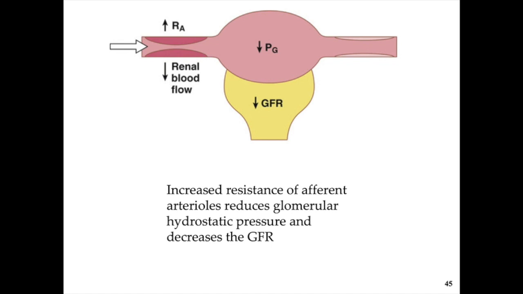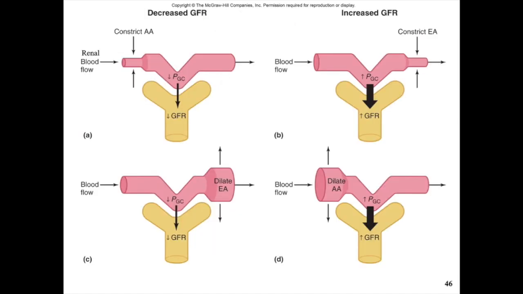That can also occur by decreasing the renal blood flow when we have a drop of blood pressure in the body. Here I will allow you to pause and see if you understand this picture. If you understand this picture, you are good to go as far as the filtration rate depending on the afferent and efferent dilation and vasoconstriction.